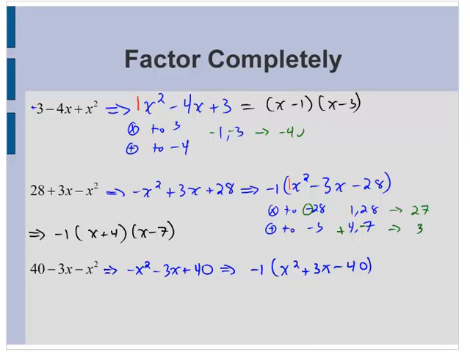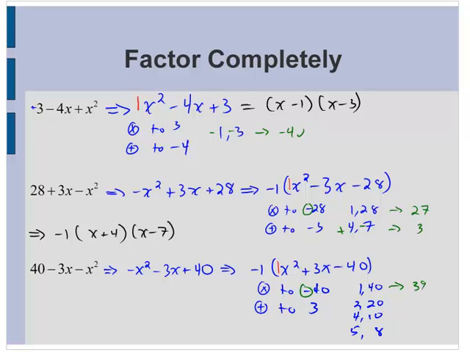All right, now my lead coefficient on the trinomial is a 1. So let me find a pair of numbers that multiplies to negative 40 and adds to 3. Running through my factor pairs for 40, I have 1 and 40, 2 and 20, 4 and 10, 5 and 8. Since I have different signs, I'll take a difference.